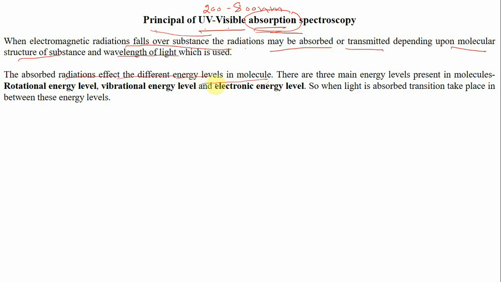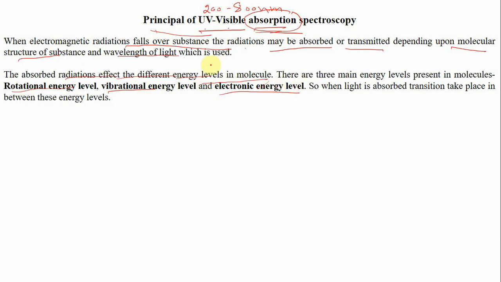There are three main energy levels in a molecule whose energies get affected: rotational energy level, vibrational energy level, and electronic energy level. So when electromagnetic radiation falls over any molecule, it affects these three energy levels.